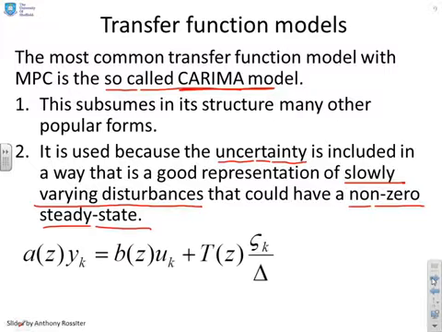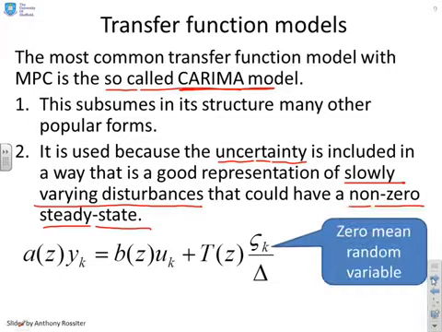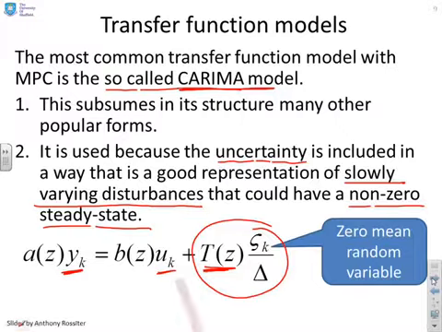And this is what the CARIMA model looks like then. You'll notice the key thing is this term over here. So we've got the standard output Y, the standard input U, but then we've represented this slowly varying disturbance as some polynomial T of z times zeta over delta, and the key thing is zeta is a zero mean random variable, and zeta over delta gives you a sort of random walk which represents this slowly varying effect.